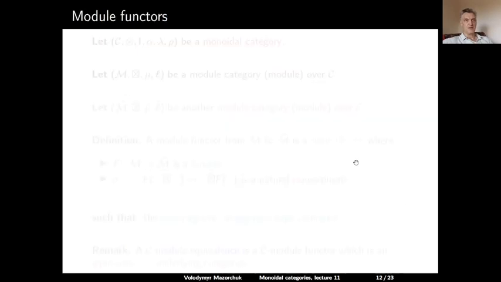So we have now defined module categories. Let us define homomorphisms between module categories, and these are given by module functors. Let C be a monoidal category.